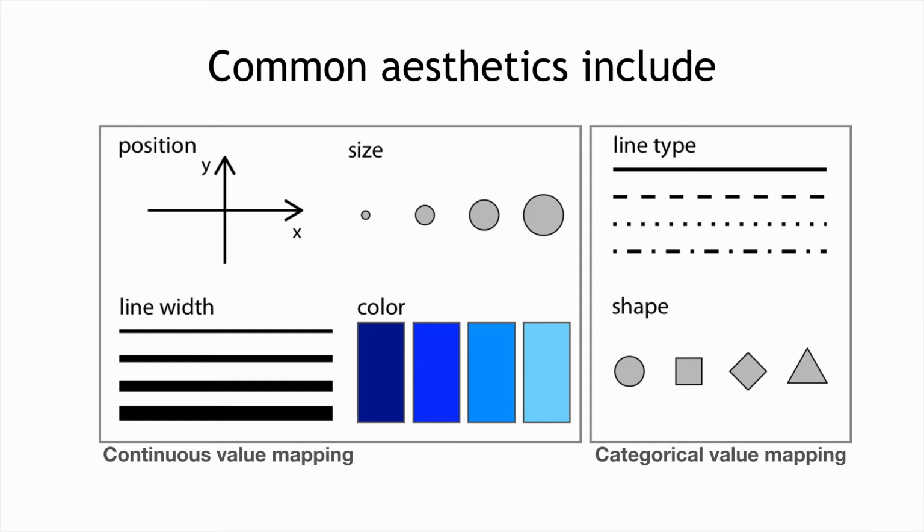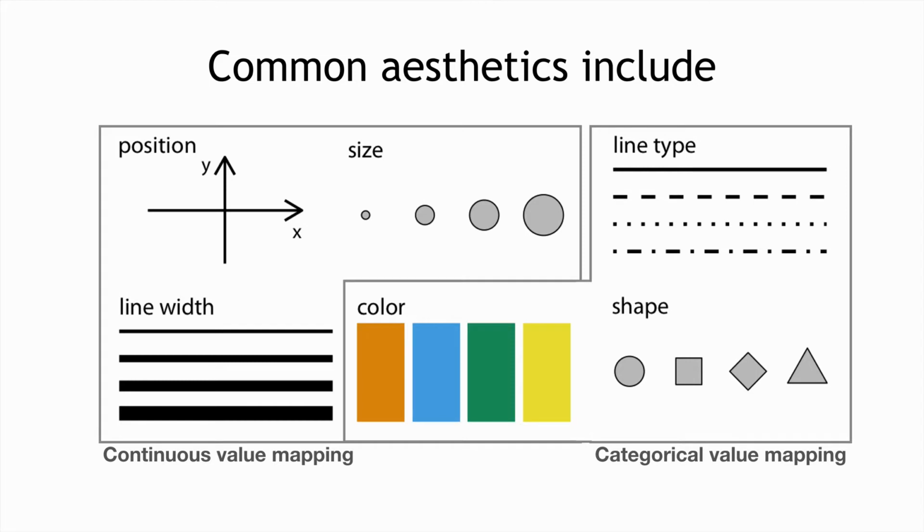Then we have a second class of variables, called categorical values, which take one of a defined set of values, like dead or alive, or intron, exon, non-coding, these sorts of things. These data are typically named or labeled, and they're not numeric. They'll map well onto things like line type and shape, and some others that we'll come across a little bit later in the video. And also, I should point out here that color can be used for both the continuous values, as we just saw, and also categorical values.